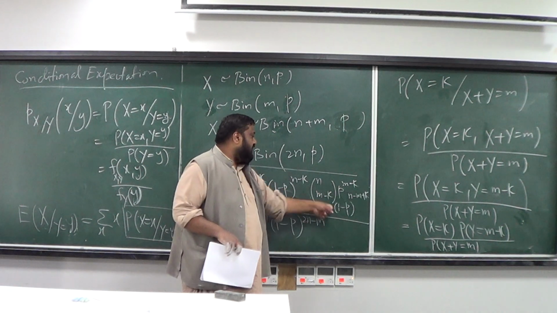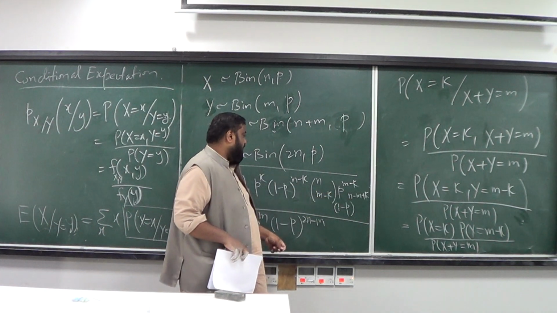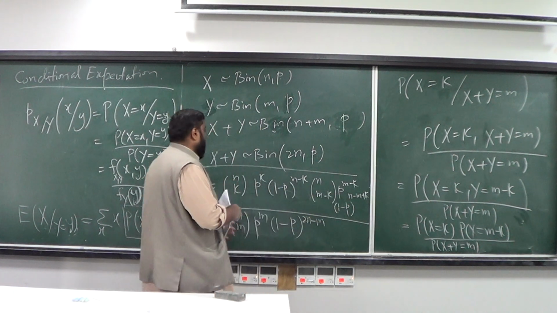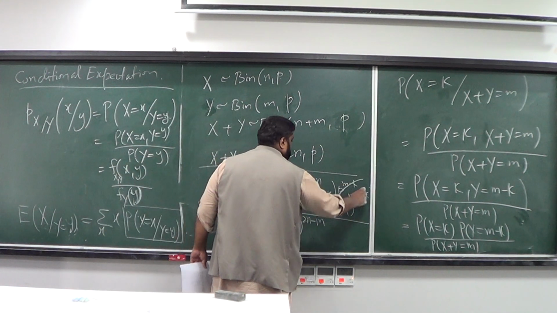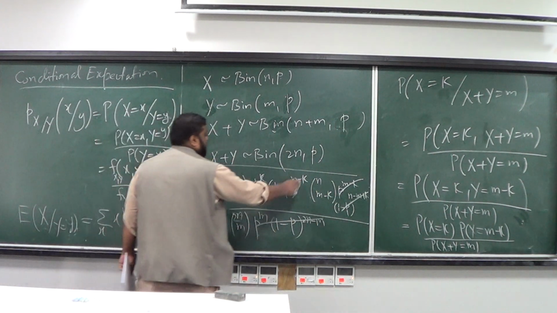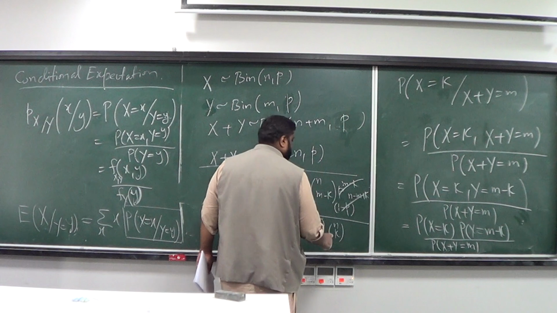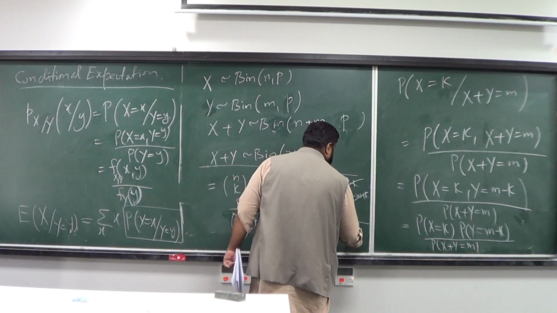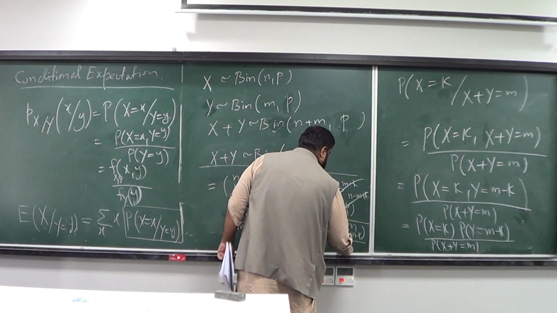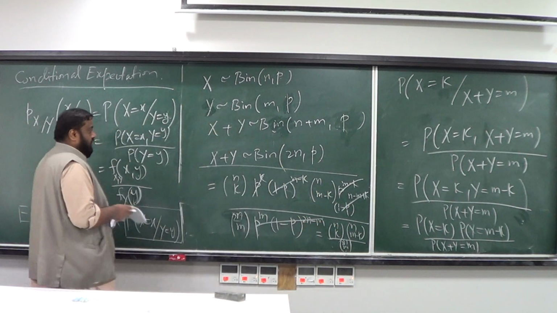If you combine these two terms, the k and k will cancel out, and you get n minus m, and you also have n plus m minus m, so 2n minus m. So these probabilities basically cancel out with each other. And what remains is really this number, which goes like n choose k times n choose m minus k, and everything divided by 2n choose m.